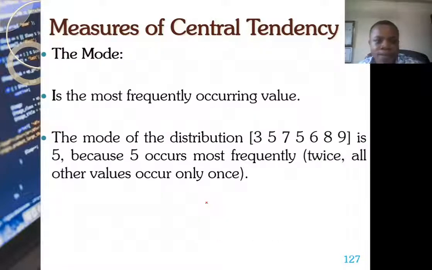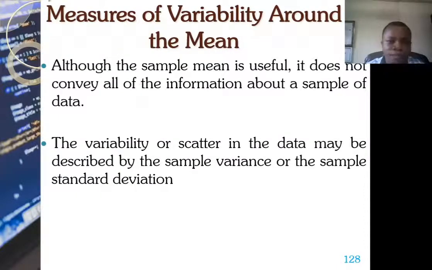Now the mode is simple. That happens to be the most frequently occurring value. Given our distribution, we can see that 5 occurs twice, which is more than any of the other values. So in this case, 5 happens to be our mode, which is so easy.